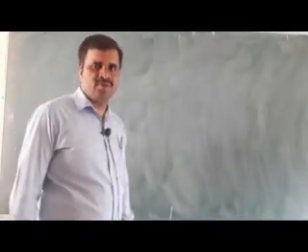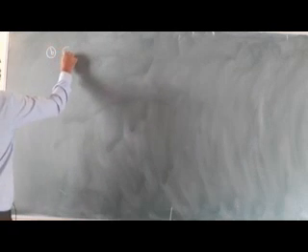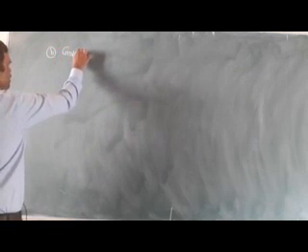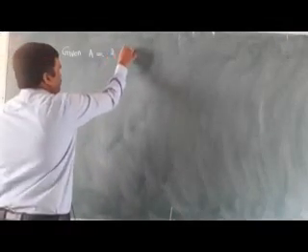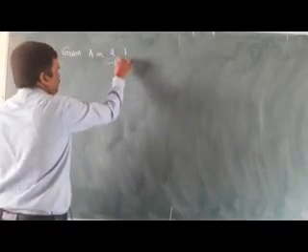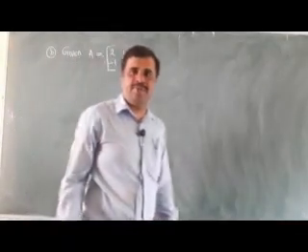Now we'll continue with the second bit. Given A equal to 2, 1, minus 1, 4. You can also try it the same as the previous bit.